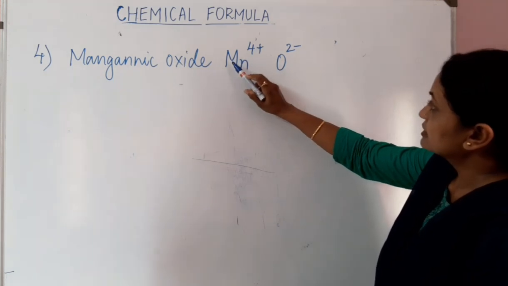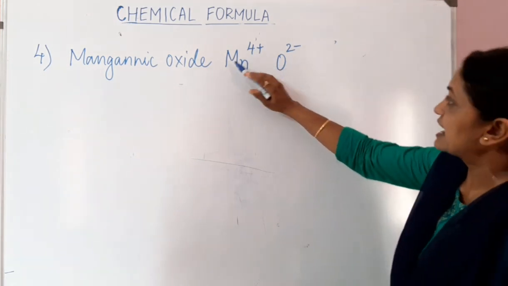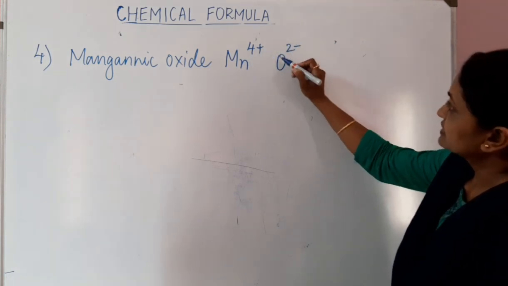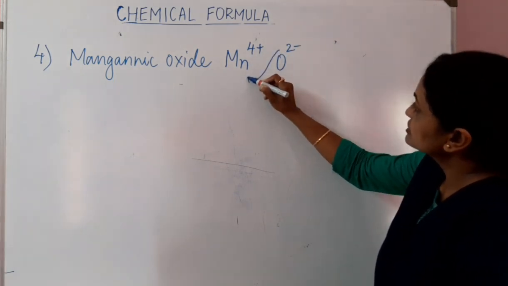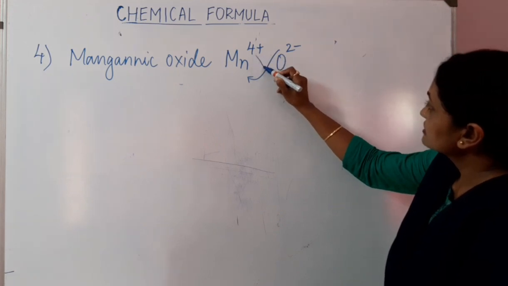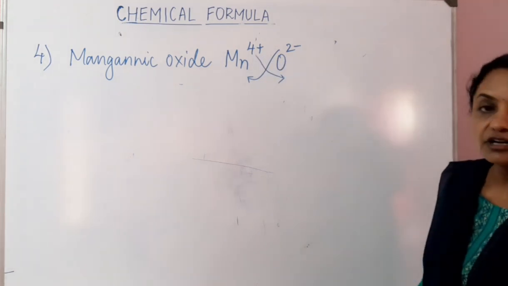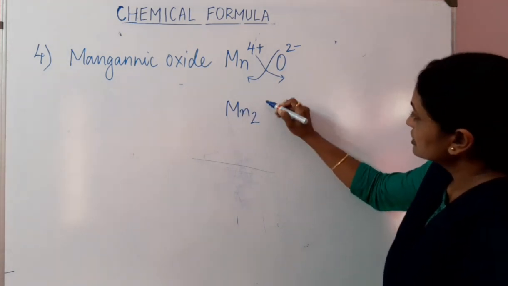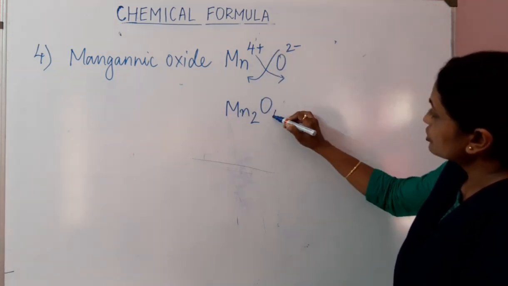Again, first write the positive and the negative radical side by side, then write the charges as superscripts, interchange them and write them as subscripts. So the 2 is for Mn and the 4 is for O.